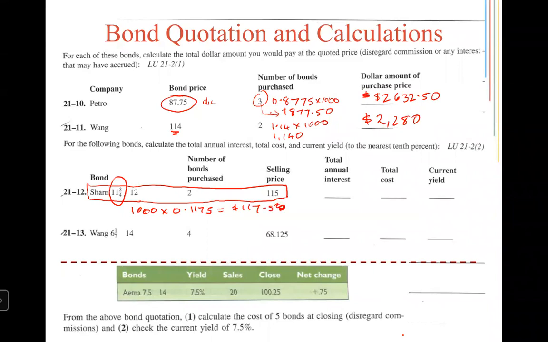So if you only had one of those bonds, your interest would be $117.50, but you purchased 2 bonds. So total annual interest for 2 would be $235, because we're dealing with 2 bonds, 2 times the $117.50.